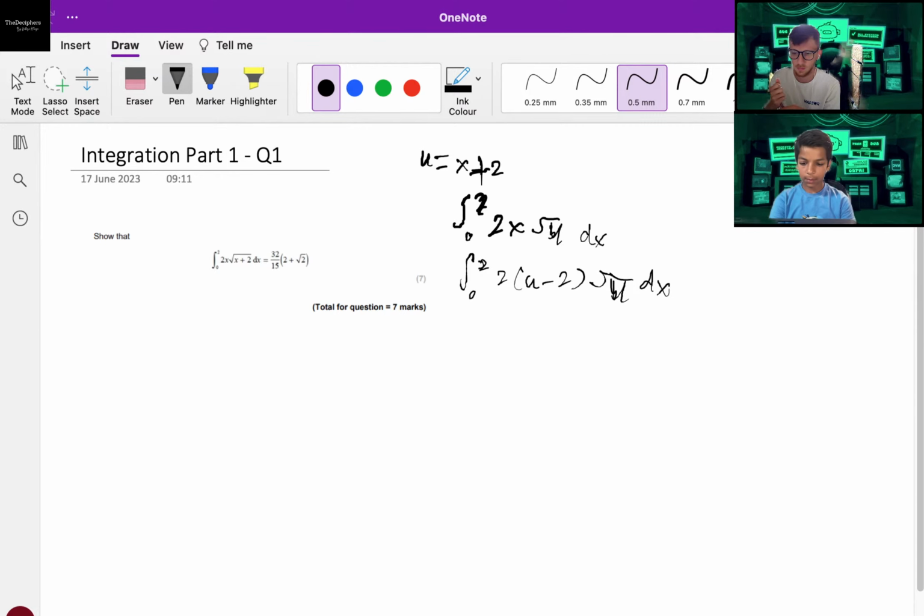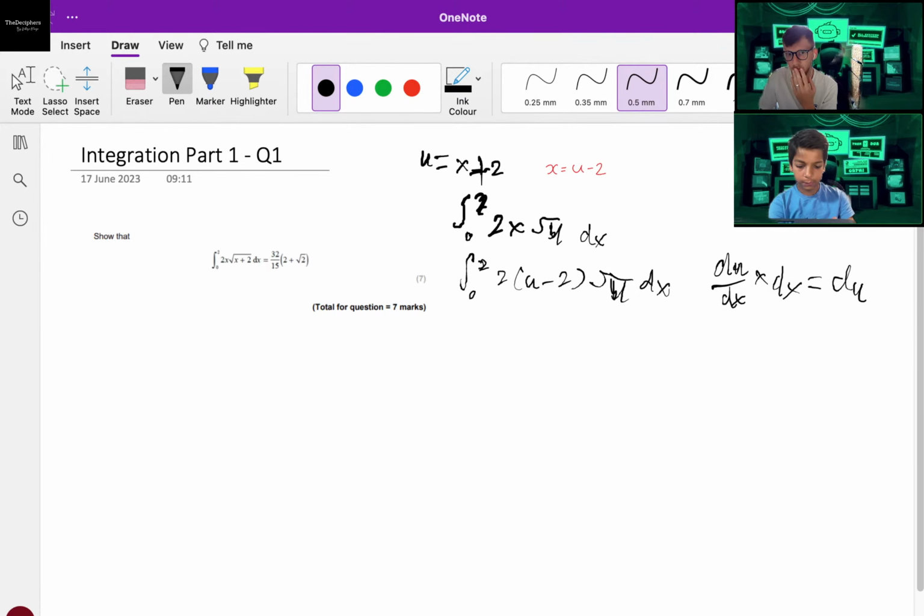Yep. Okay, so we've gone in terms of u, so I think then we need to change the dx to du. We just need to do the derivative of u divided by derivative of x times the derivative of x.